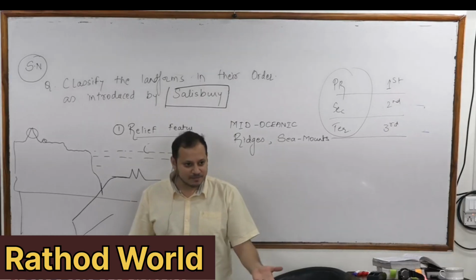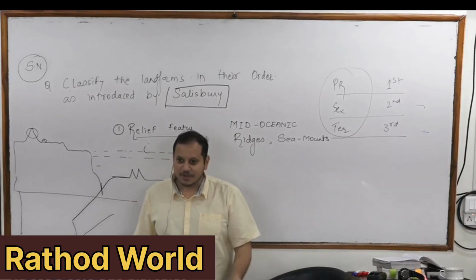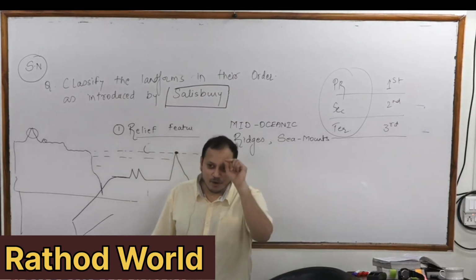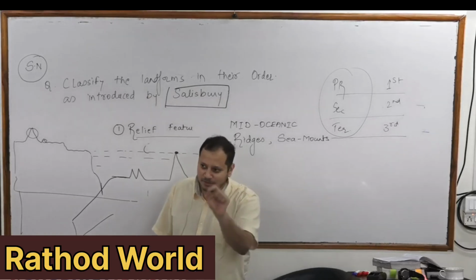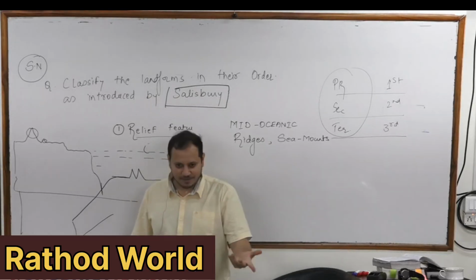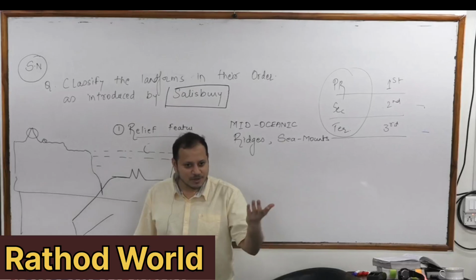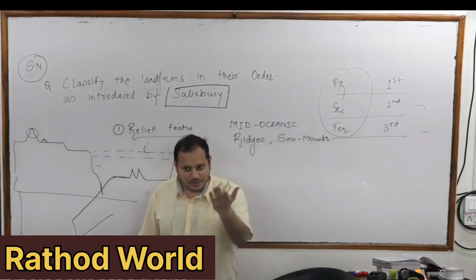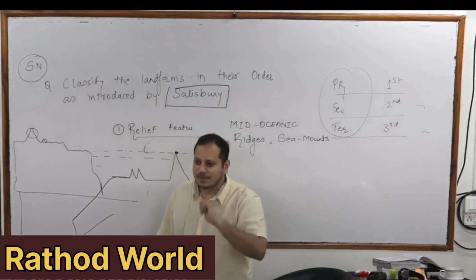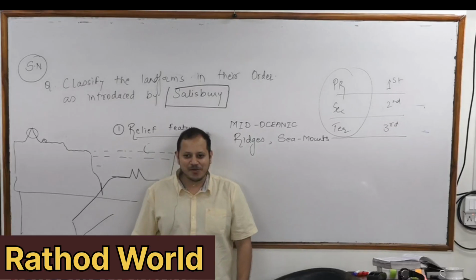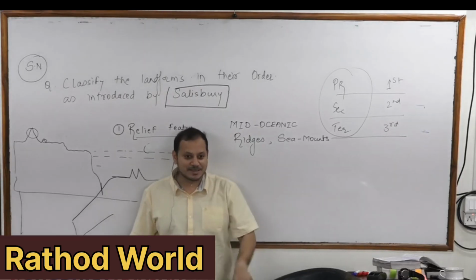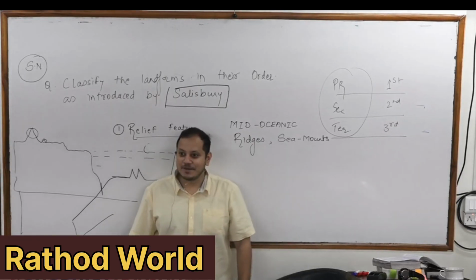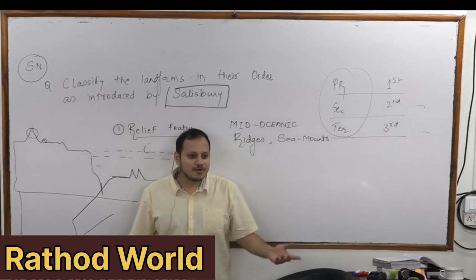Earth, endogenetic. Earthquake, endogenetic. So can I conclude that all the second order relief features will be formed due to endogenetic activities? Right? Whether it is mountains, plateaus or plains. Now, is the Great Plains endogenetic or exogenetic? Great Plains, where we are, exogenetic. So how can we conclude?